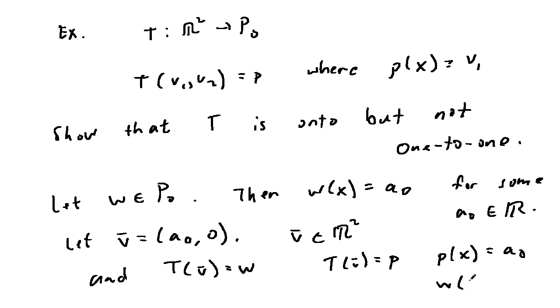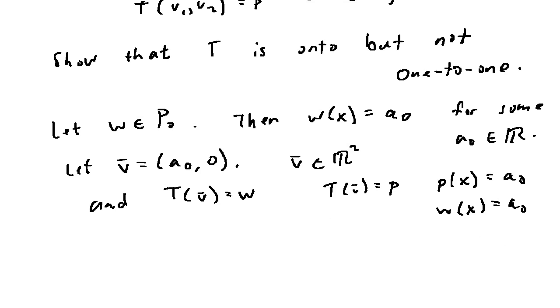But that's just what W does, right? W is a polynomial which is equal to A0. And since these two polynomials are the same constant polynomial, they're equal. So T is onto.